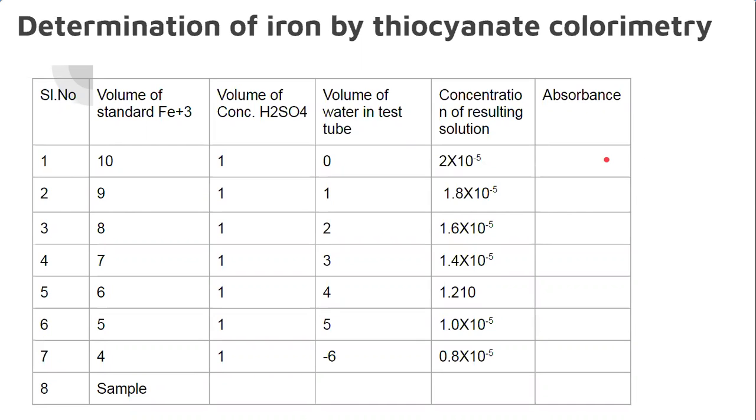So we take the solution just below the level of the cuvette, and then we wrap that cuvette with cotton or filter paper, so we can make sure no impressions or impurities are present on it.